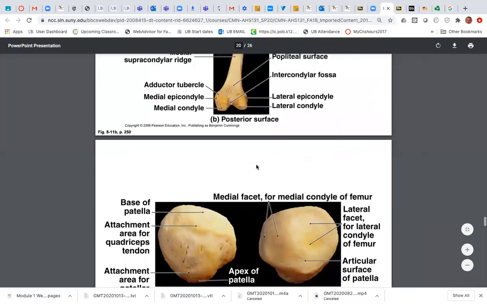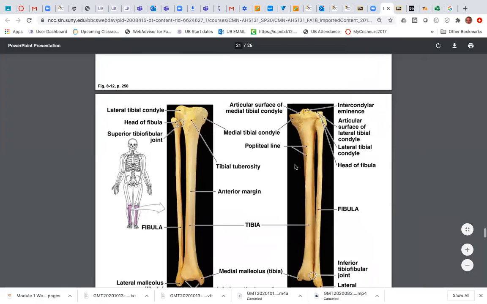When we talk about the tibia and the fibula, that's the leg or the knee. So they'll say knee flexion or leg flexion or knee extension or leg extension. If you were to kick a ball, that would be knee extension or leg extension. If you step on something hot and your leg flexes, that would be knee flexion or leg flexion.